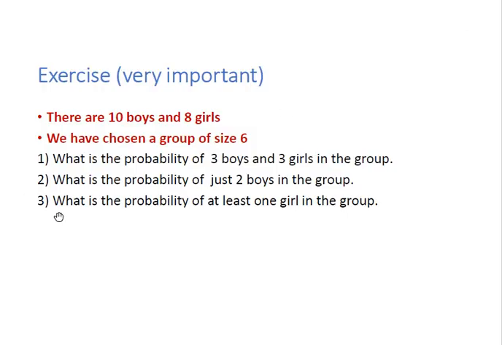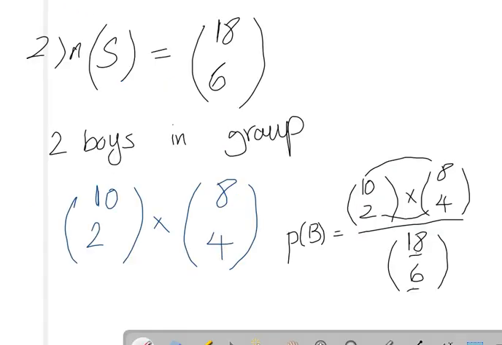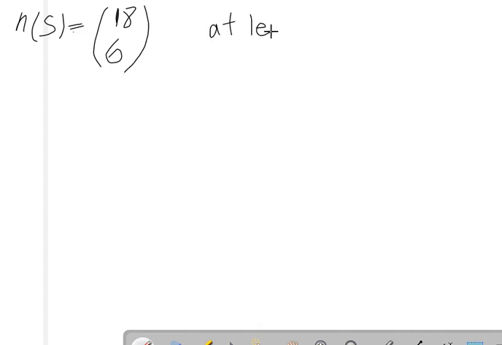Number 3, what is the probability of at least 1 girl in the group? Okay, again, NS is a group of 6 people out of 18 people, and we need at least 1 girl.